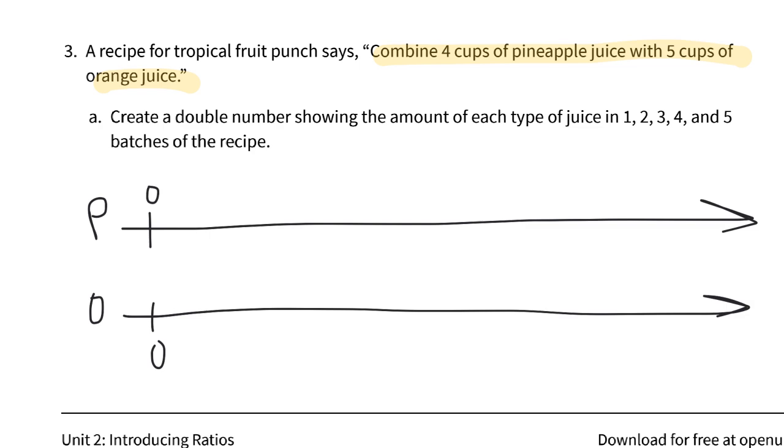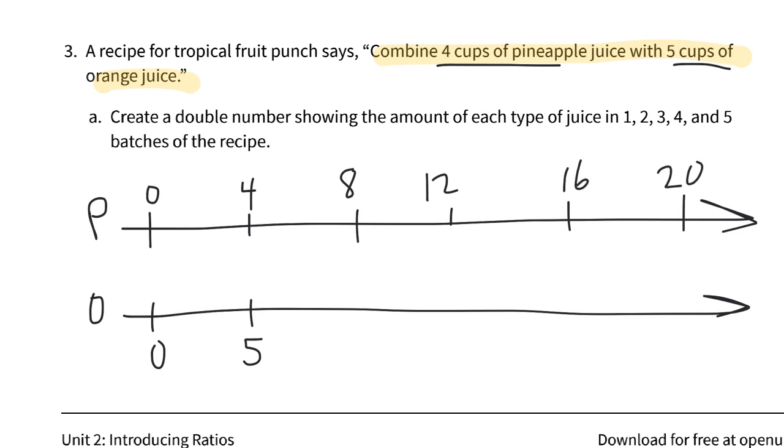So our ratio that they've given us is 4 cups of pineapple to 5 cups of orange. So there is our ratio. So 1 batch, 2, 3, 4, and 5 batches. So that's going to be 4, 8, 12, 16, and 20.